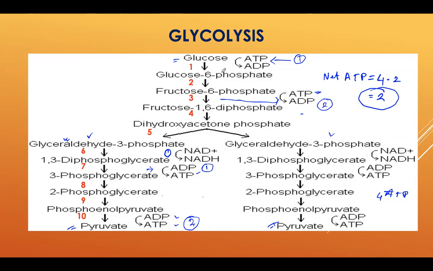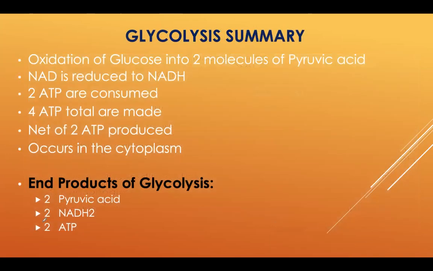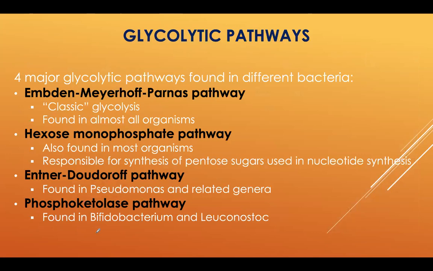You really do not have to memorize the steps, but you really need to understand the math, how ATP is utilized and how it is going to be produced, how many ATP are going to be produced, and what are the end products of glycolysis. So that's the end product of glycolysis.